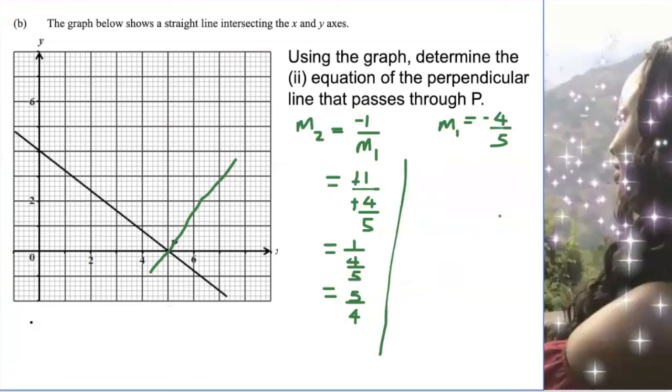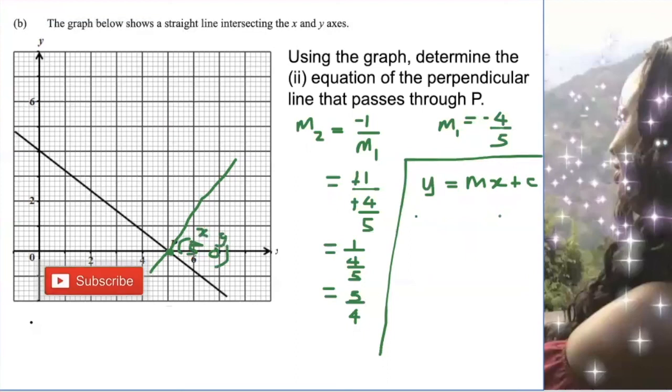Now, the next thing is to find the equation of the line. So we're going to have y is equal to mx plus c. Since it says it passes through the point P, this point from before, it's 5, 0. So this is x and this is y, and I'm going to use these points.